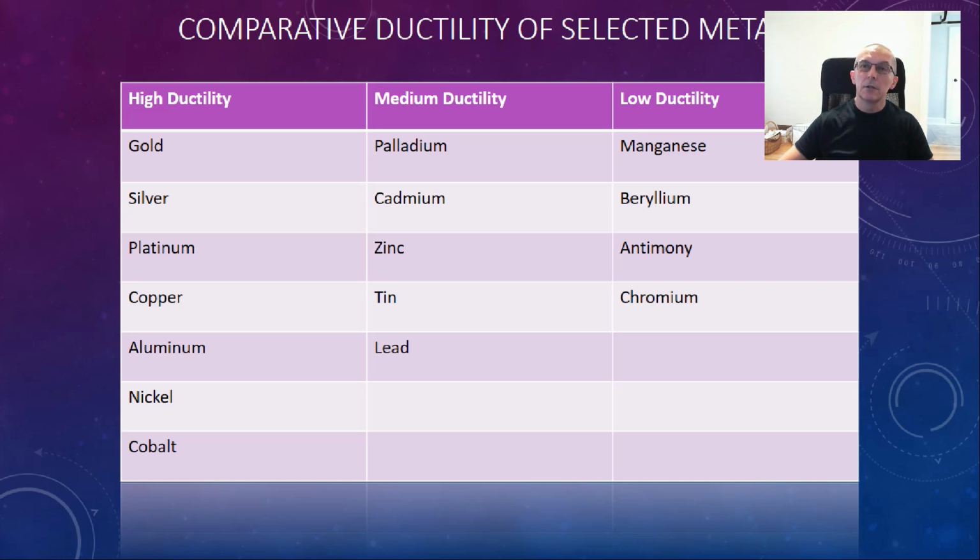So we have a low ductility on the right, and low ductility means it's a harder metal, but it's also a metal that will break easier. Medium ductility, obviously, has less ability to withstand the tensile stresses, and high ductility is gold, silver. These are softer metals that we can actually draw into wires in different shapes.